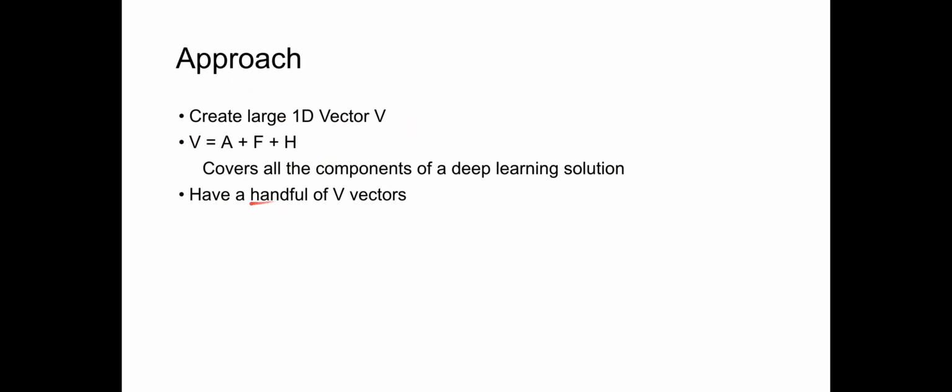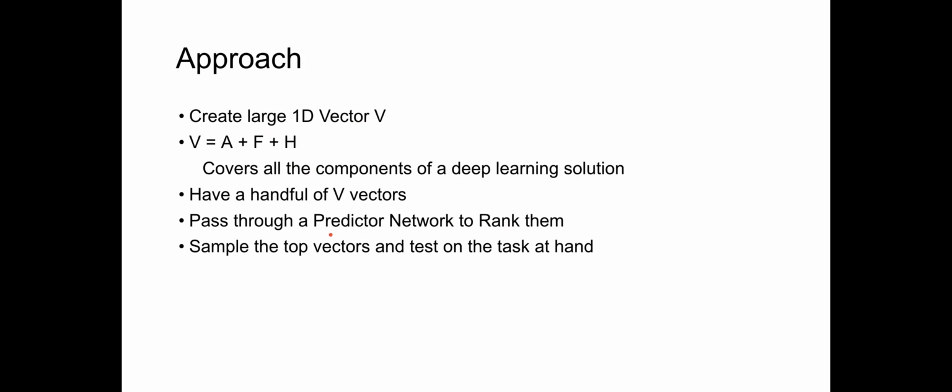So you have a handful of V vectors, and you pass them through a predictor network, and this predictor network ranks them among these V vectors, like which configuration is going to give better accuracy. From this, they take the top vectors and test them on the task at hand, and they will get the optimal network architecture and everything.